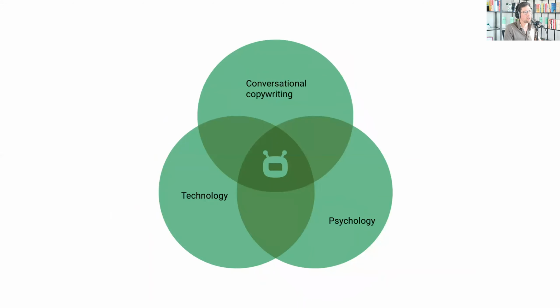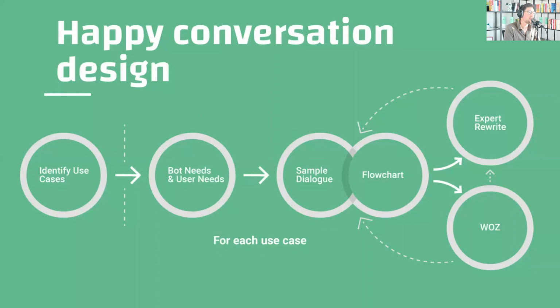So what it means is that we need to have that fair balance between technology and psychology and language, right? And that challenge of unifying that in the best way possible, that challenge is solved really by this methodology, a step-by-step guide that every team in the world can use. And we really see it as the Scrum of conversational AI, right?